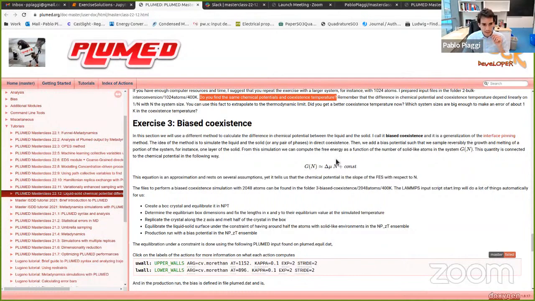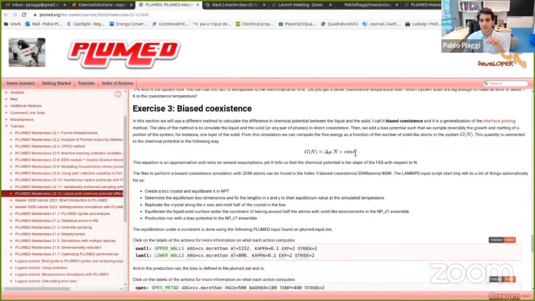So, well, before going into the details of the PLUMED input, the idea behind the method is that the chemical potential, just heuristically, without doing any proof, is proportional to the number of, well, for instance, the solid-like molecules. This is also, I mean, the definition of chemical potential. There are some caveats.